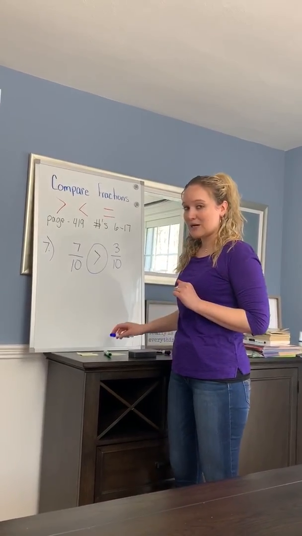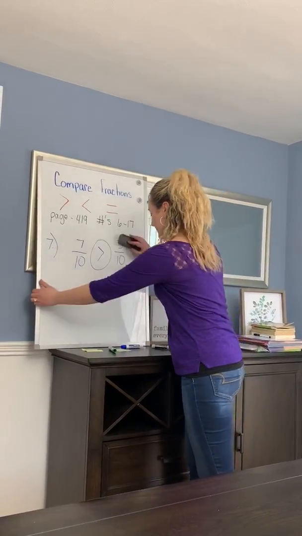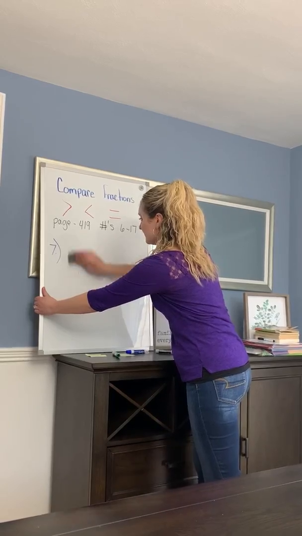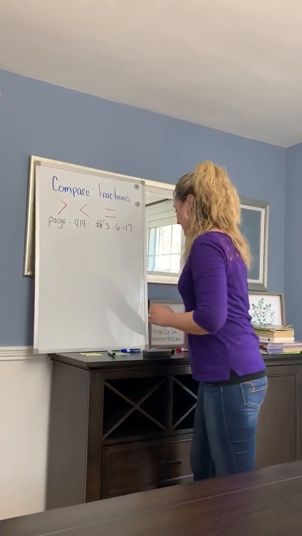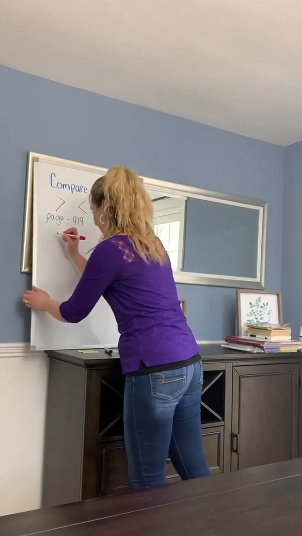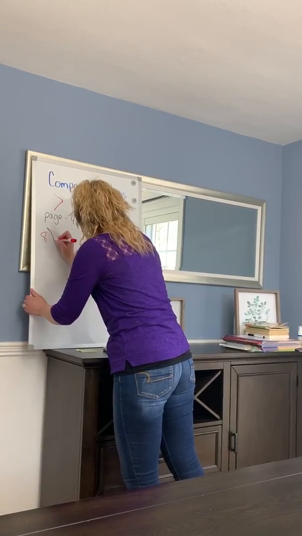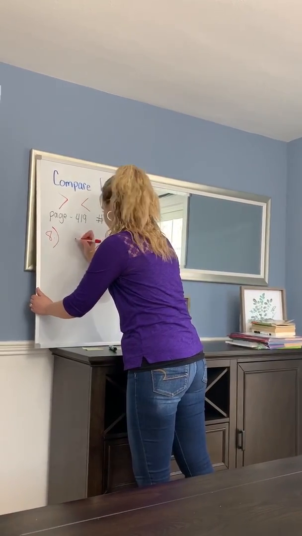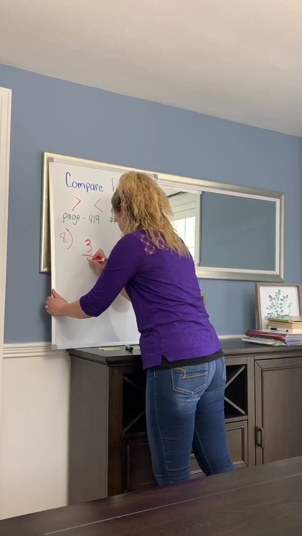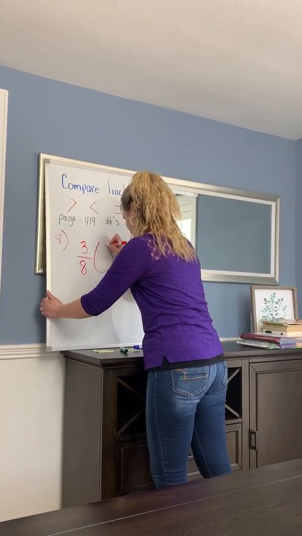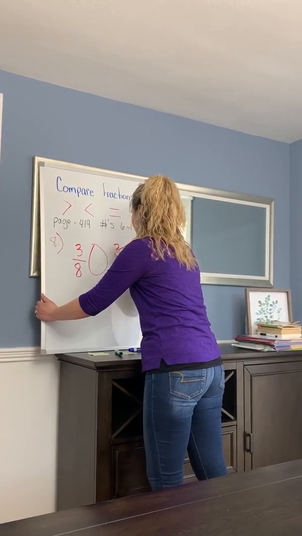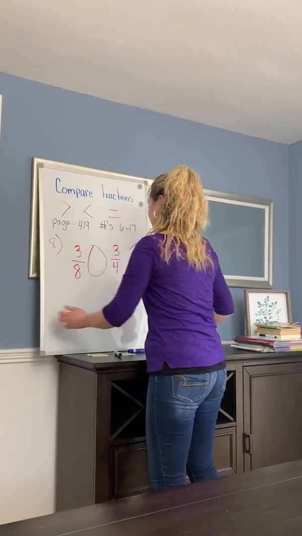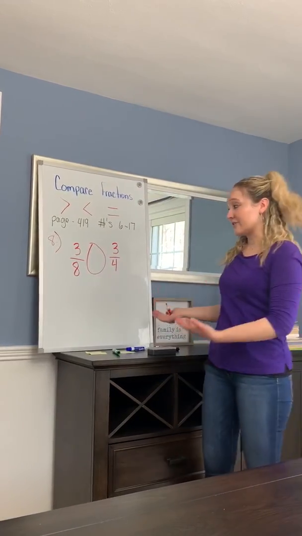You ready for your final problem of today? We're going to do number 8. Let's use red. And now this is number 8. And we have 3/8 and we have 3/4. Yes, your denominators are different.